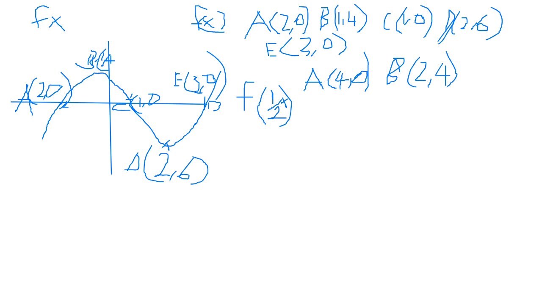So you understand how I got 40 and 24. Let me make you understand it. Let's say I have 2x. Then let us say here I have 2 f of x.